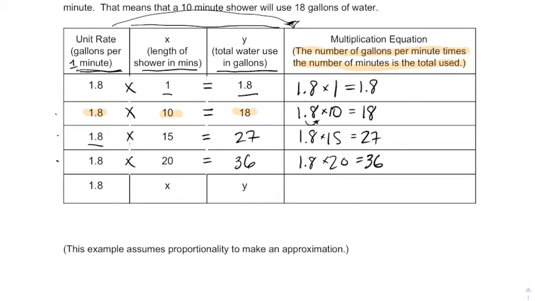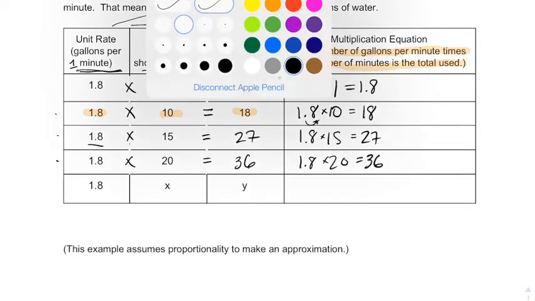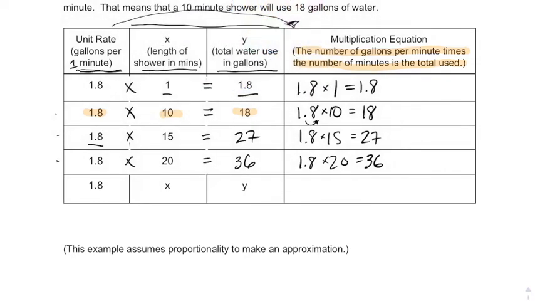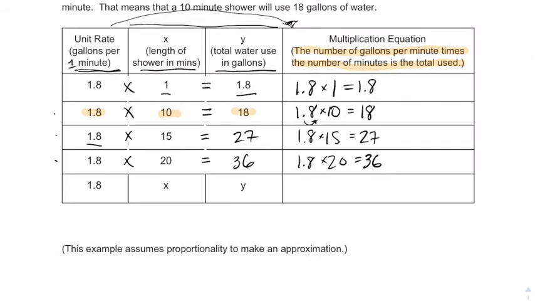And if I want to be a little bit more precise about how I'm writing this, and you should be in the habit of doing this as well: 1 8/10 gallons per minute times 20 minutes is equal to 36 gallons.